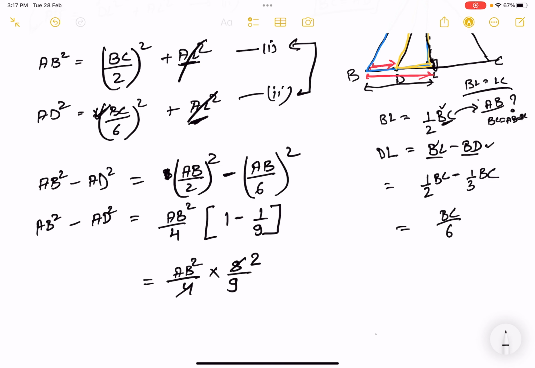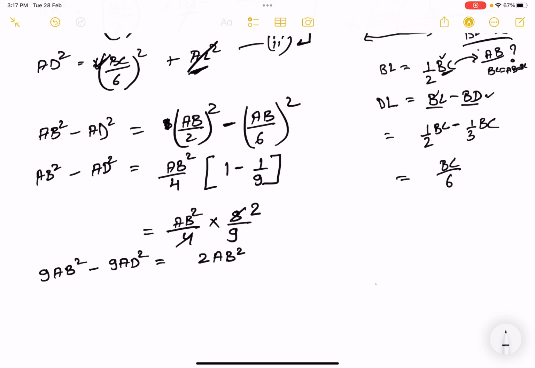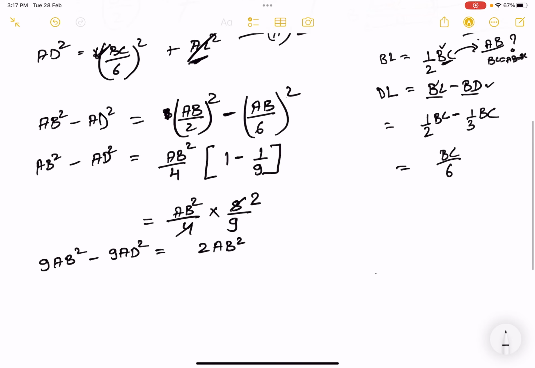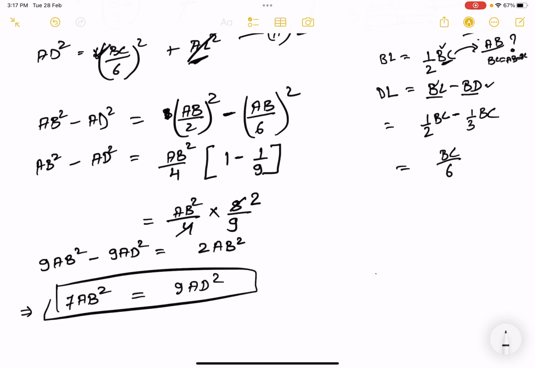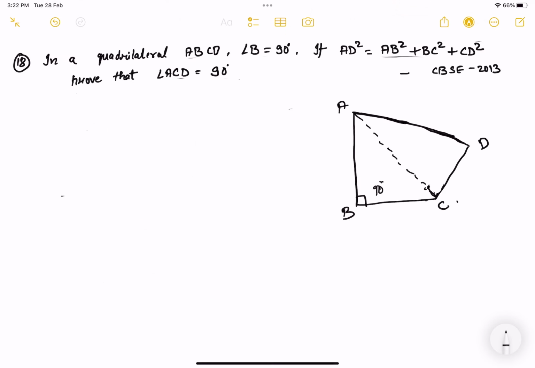Now let's again solve this. 9 AB square minus 9 AD square is equal to 2 AB square. Let's again solve this. It will be 7 AB square is equal to 9 AD square. Hence we have proved the final result.